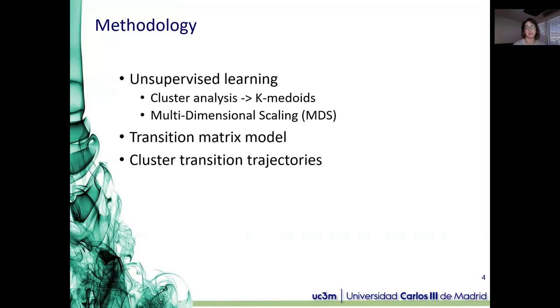Although the k-means has been widely used in cluster-based studies in fluid mechanics applications, here we chose a variant of this algorithm called k-medoids, which follows the main procedure of k-means, but with a different prototyping.